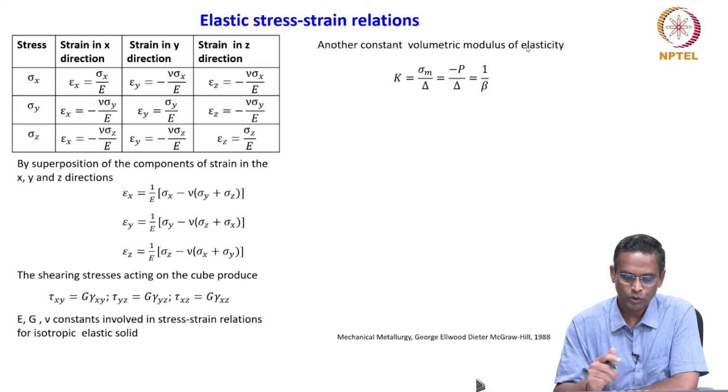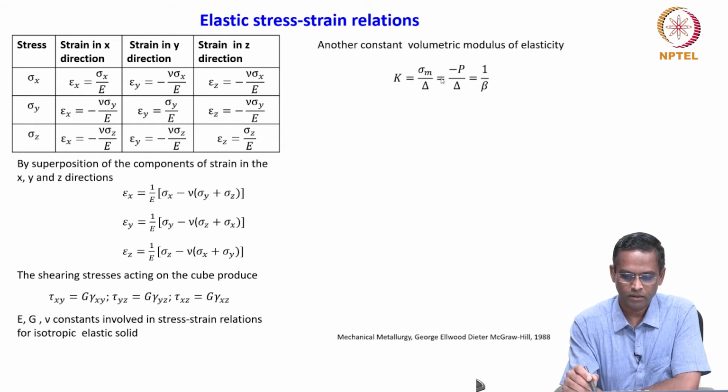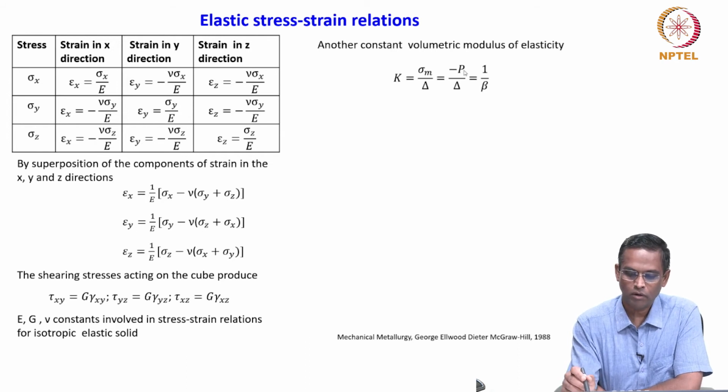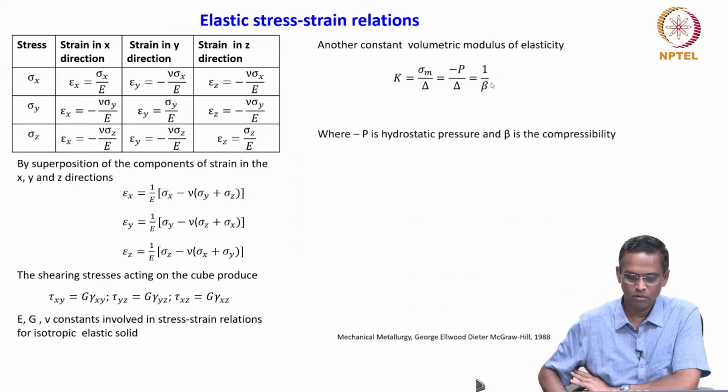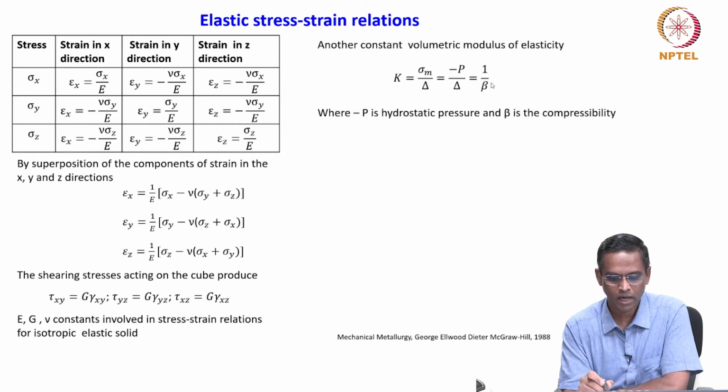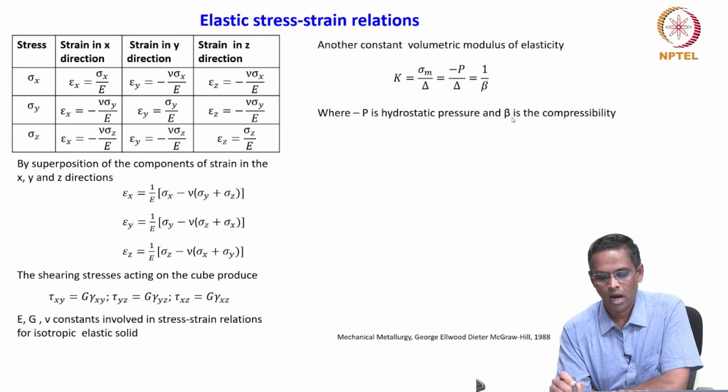What is that? It is K. So, sigma m is the mean stress, we know, and delta, which we also know, is equal to minus P by delta, which is equal to 1 by beta. Where minus P is the hydrostatic pressure and beta is the compressibility.